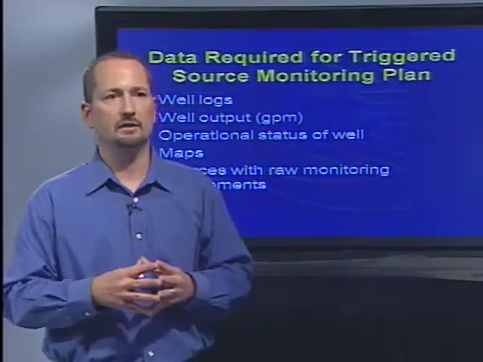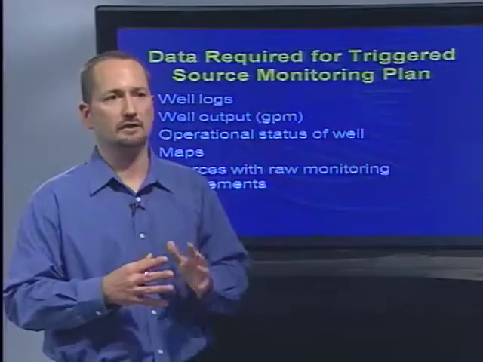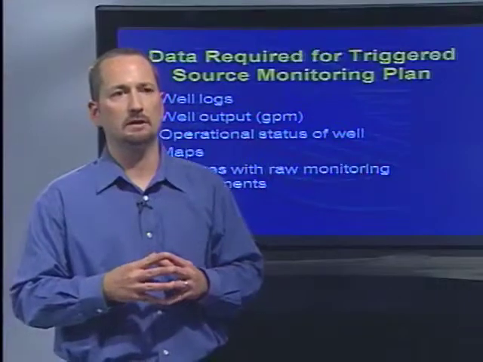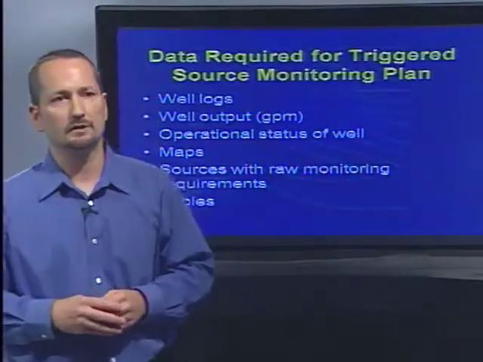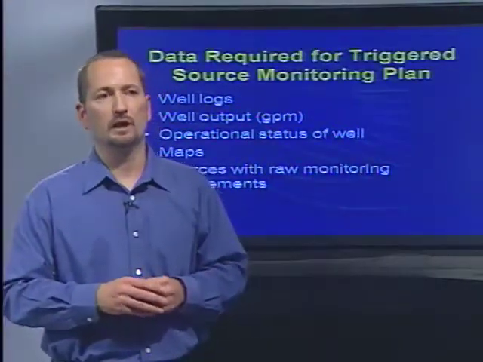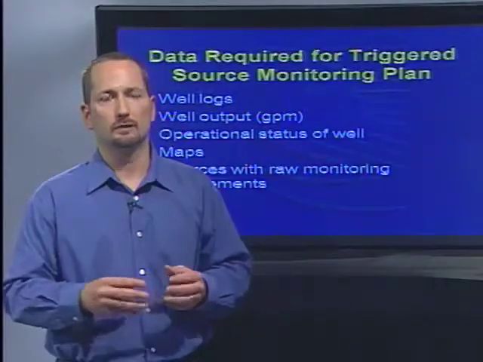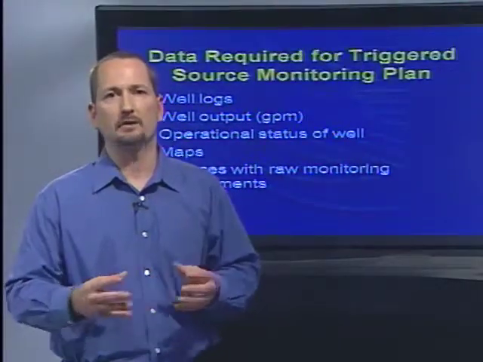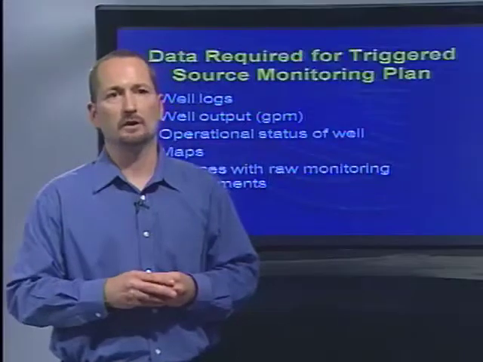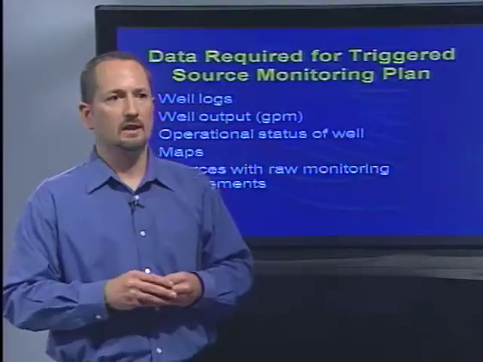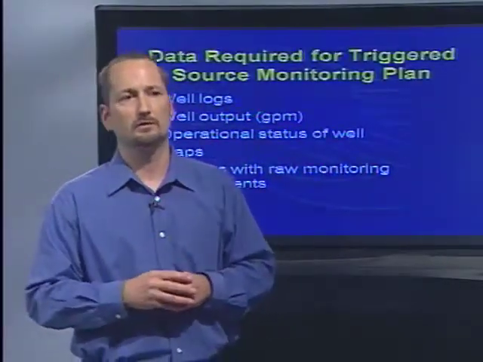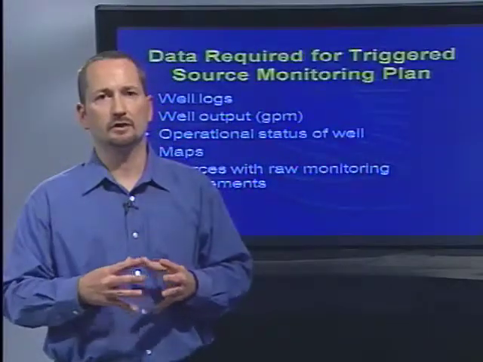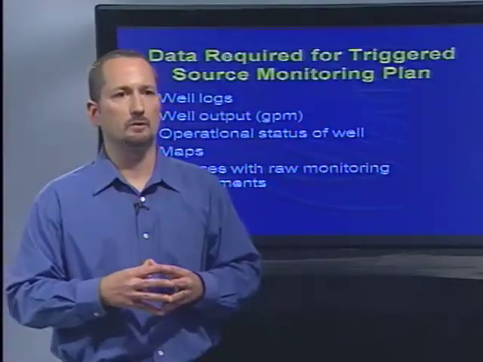Pumping rates change, and those distribution boundaries can change depending on well output. Operational status of wells: this is if a well is operational year-round, if a well is a demand or emergency well. It's important to note this in your plan. And also maps and tables. It's very helpful when scheduling these source water samples that are required.